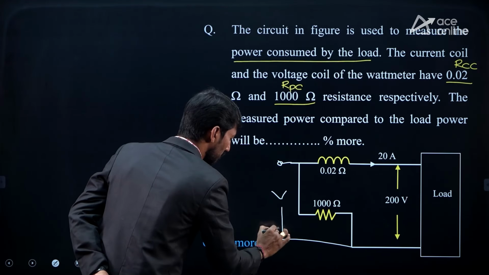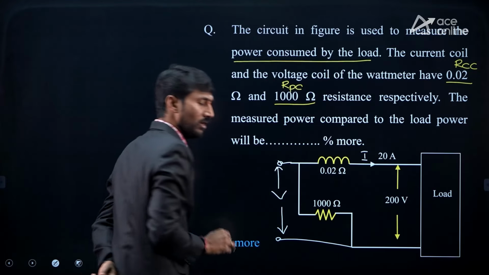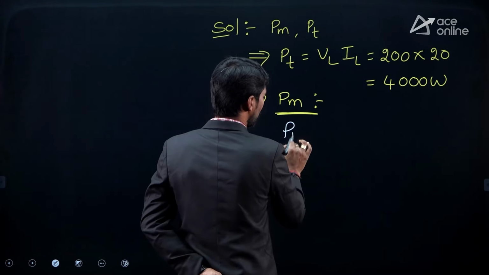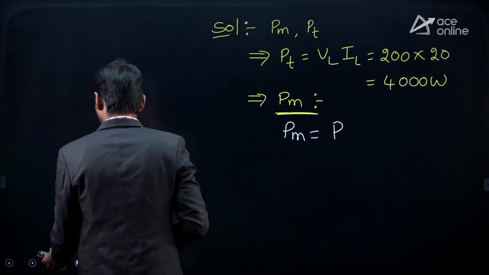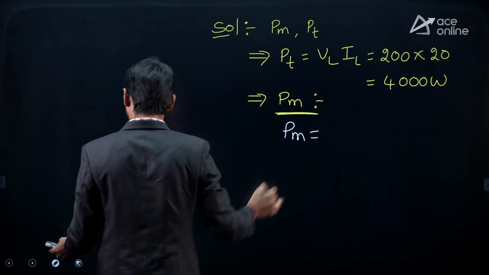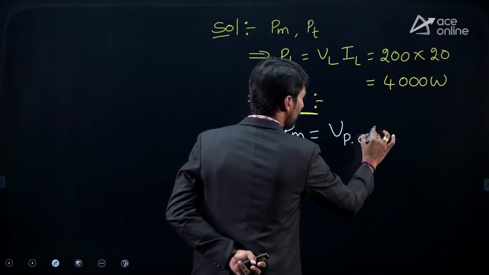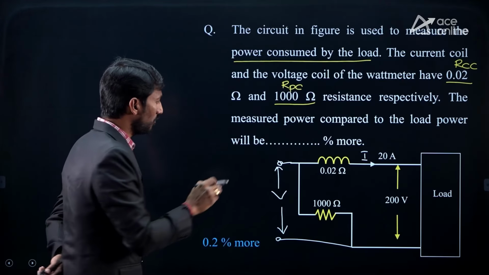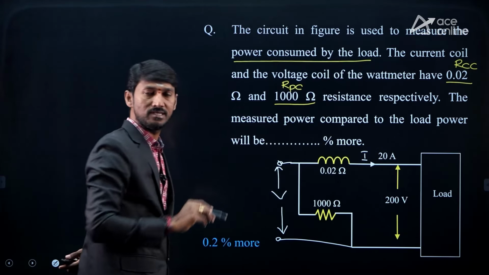This is V, and this is anyway I. Now, what is the measured value? Power measured is equal to voltage across the potential coil into current through the current coil. Luckily, current through the current coil is there, 20 amperes.